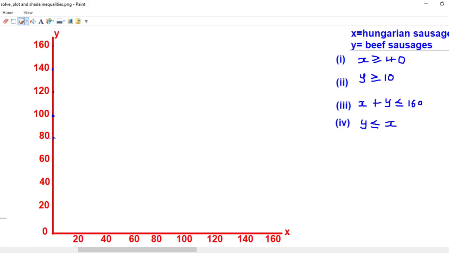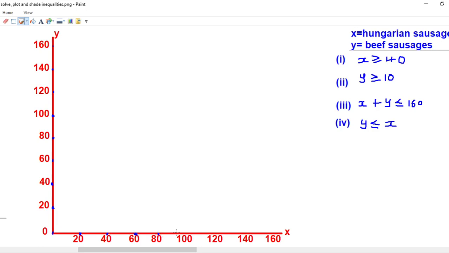We're just going to assume that these blue points I'm putting represent 2 centimeters on the graph paper, and every 2 centimeters we have 20 sausages, on both the x and y axes. So this is what it means.